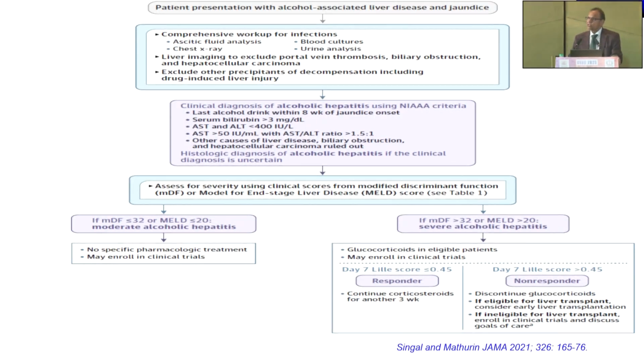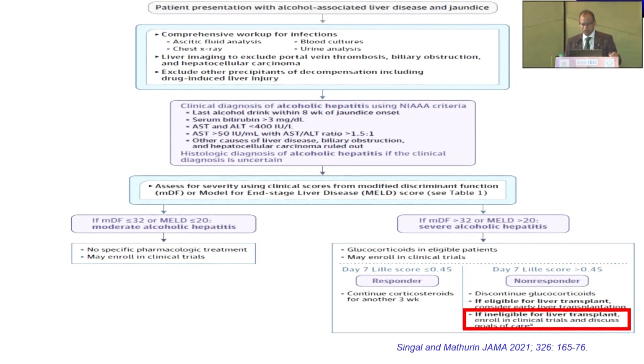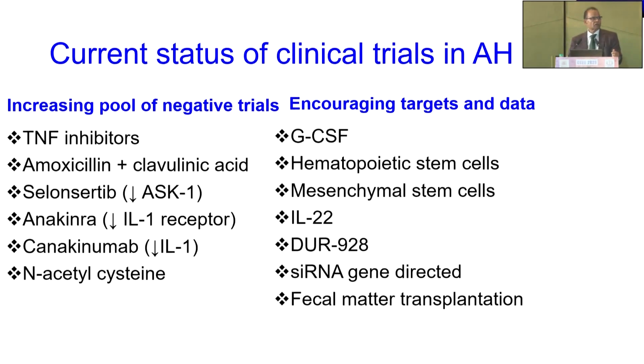So what do you do for these patients? And this is the algorithm which we all follow in patients with severe alcohol-associated hepatitis, patients who are ineligible for steroids or ineligible for medical therapy, or who are ineligible for transplant after failing steroid therapy. Either you enroll them in clinical trials or you discuss goals of care. Those are the only 2 options. Is there another liver target therapy available? Currently, no, but there are some which are ongoing.